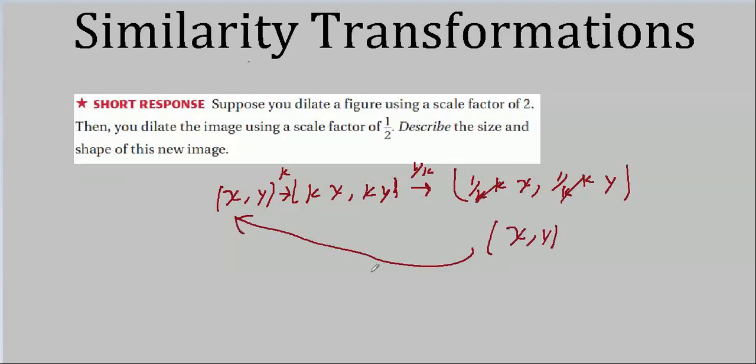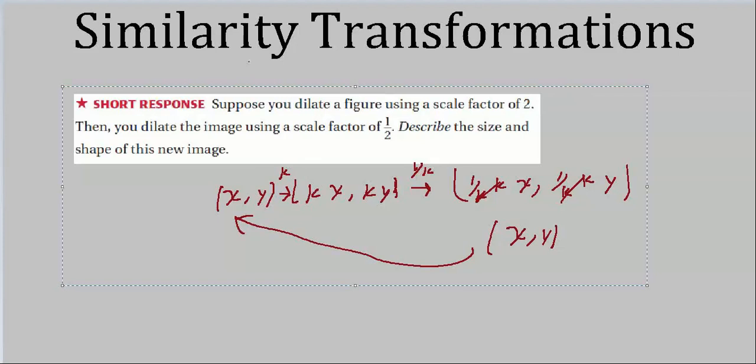If you perform your dilation using a scale factor of k, and then perform dilation on that image using a scale factor of 1 over k, we just end up right back where we started. Kind of makes sense when you think of it in terms of k times 1 over k. Just puts you right back where you started, doesn't it?